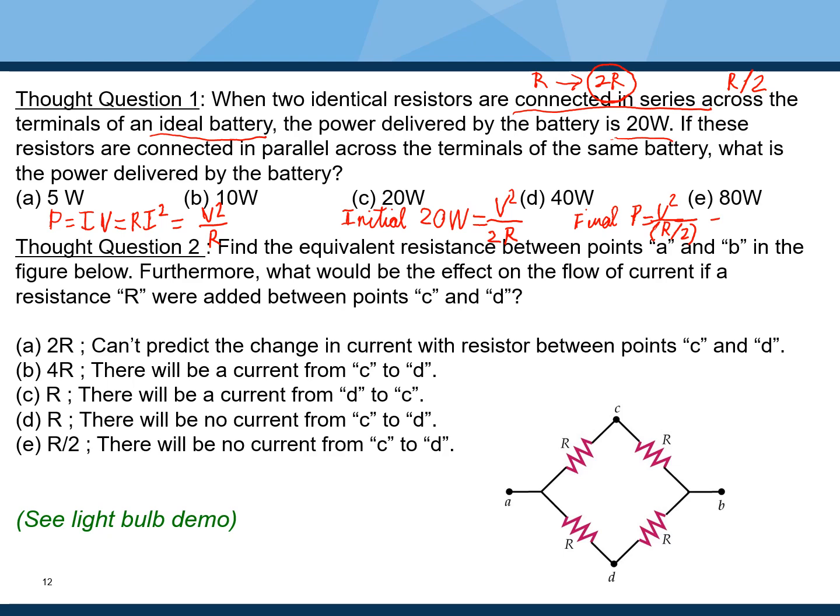If you want me to write this out more explicitly, I can write this as 4 times V squared over 2R. That's just a matter of using fractions appropriately. So I obtained the result that the power in the final configuration is equal to 4 times the power in the initial configuration, which is why we identify E as the right answer for this problem.